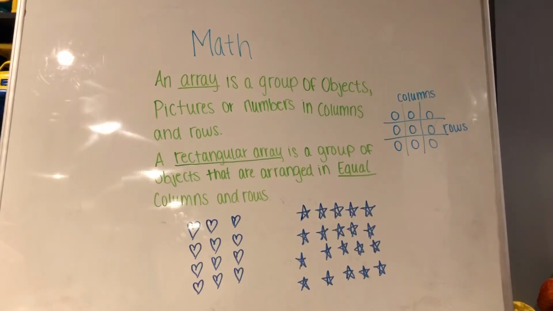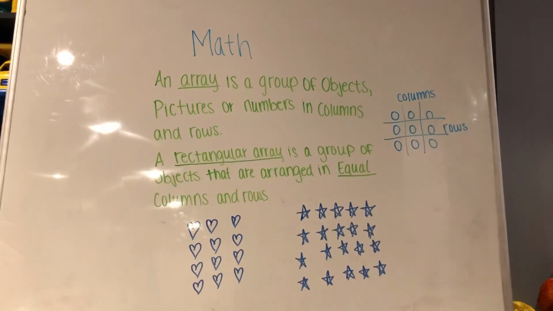So how many groups can you make, and what math sentence are you going to make to go along with it? And remember, columns up and down, rows go across.